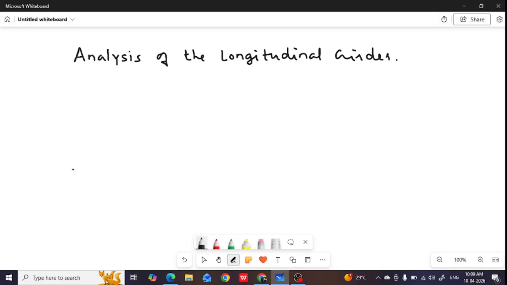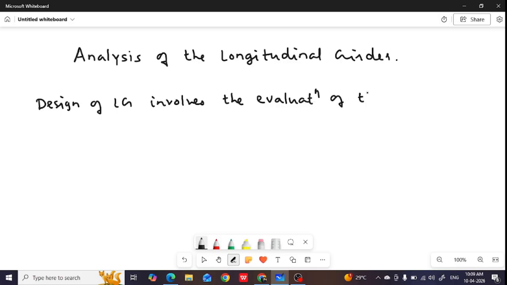So design of longitudinal girders involves the evaluation of live load distribution. The live load is acting on the deck and that live load has to be distributed to the girders.